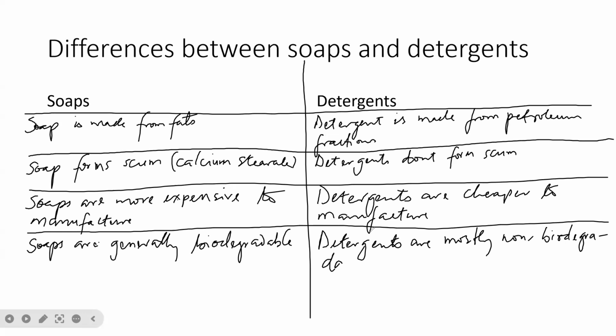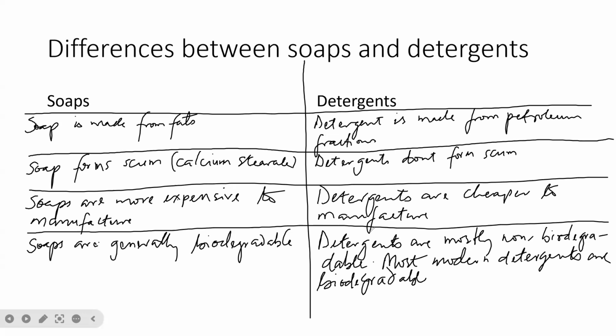Then we'll add a clause there. Most modern detergents are biodegradable. So these are four very important differences between soaps and detergents.